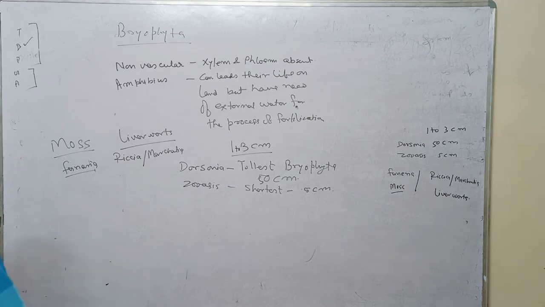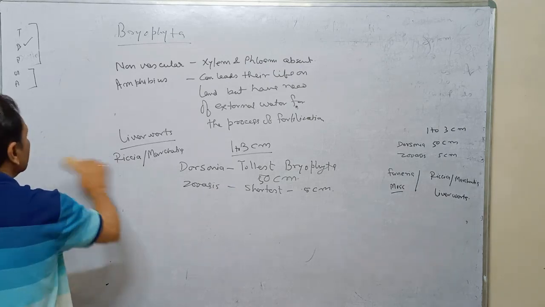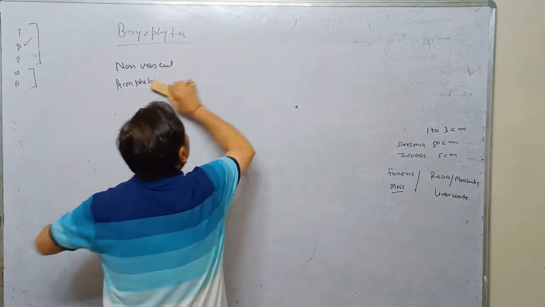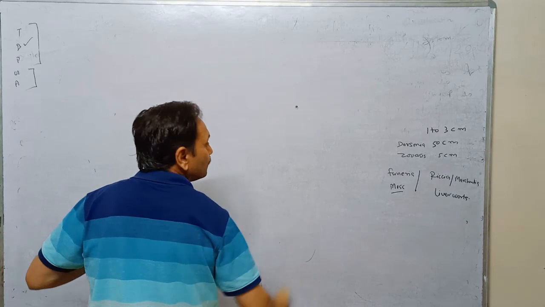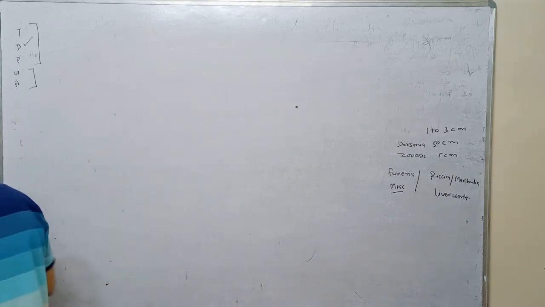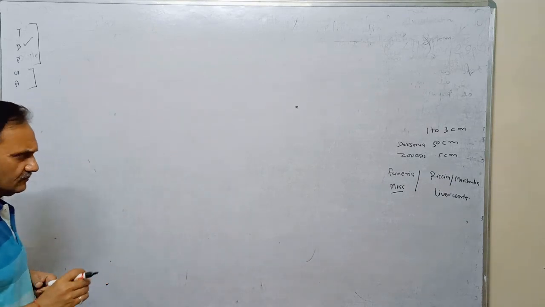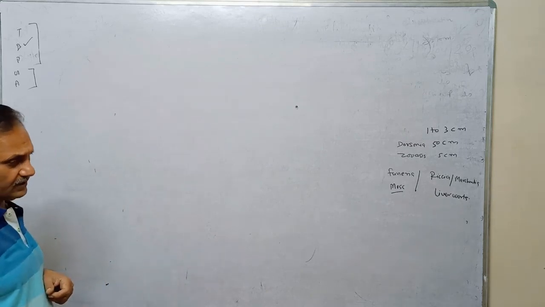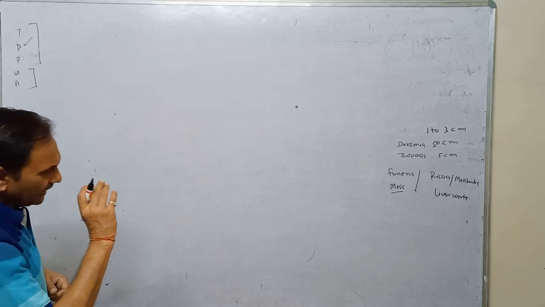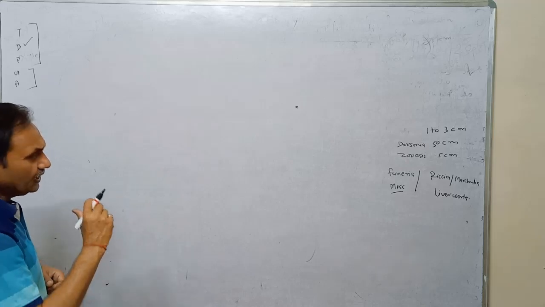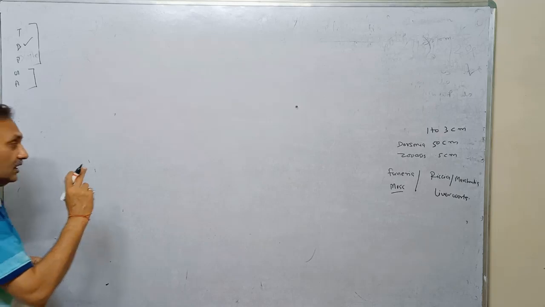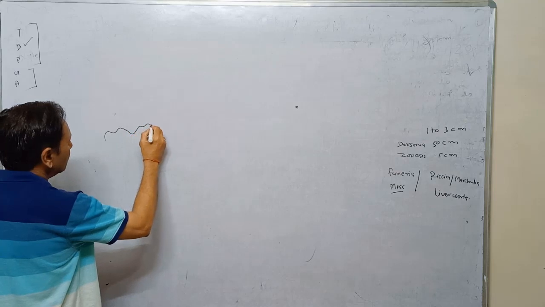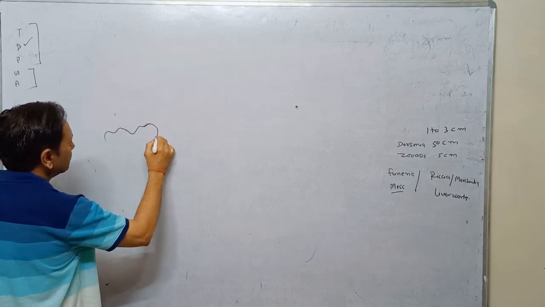We will discuss Riccia, Marchantia and Funaria, their structure and their reproduction. But before that, we will discuss Riccia and Marchantia. The Riccia is dichotomous, like this.